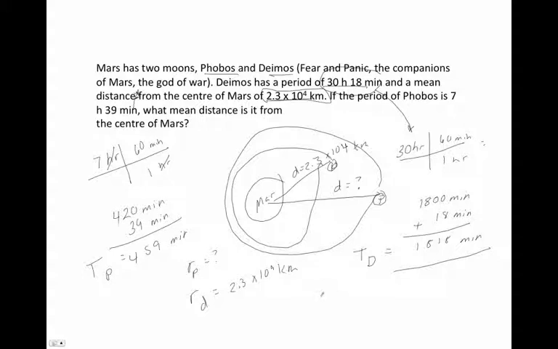So I've got this, my unknown, so I'm going to put this guy on top. So I have 459 squared divided by 1818 squared is equal to the radius cubed, which is what I'm hunting for, divided by the other guy, 2.3 times 10 to the 4th cubed.